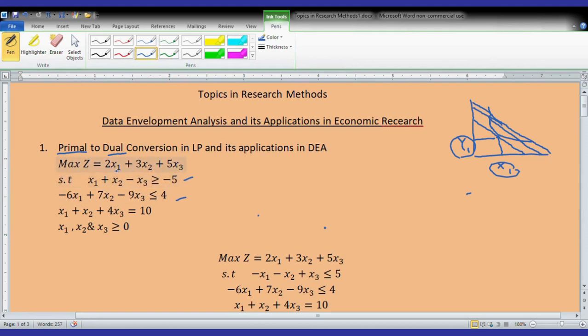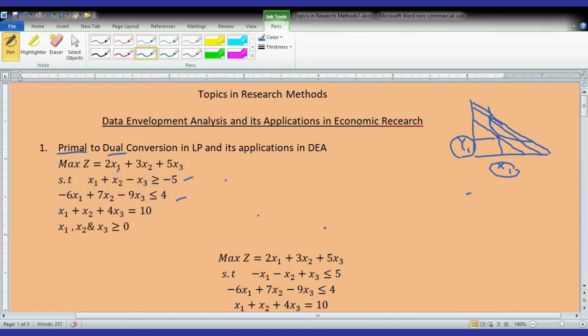So quantity of good 1 sold equals x1, quantity of good 2 sold equals x2, quantity of good 3 sold equals x3. Or this may be something else which can have positive or 0 value but cannot have negative value. Whenever this is the case, we have to impose these restrictions that x1, x2 and x3, or anything else which is required to be so, should be greater than or equal to 0.